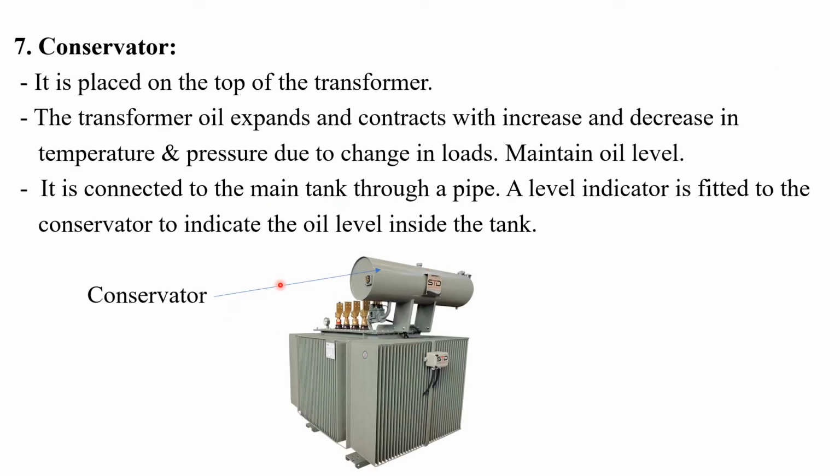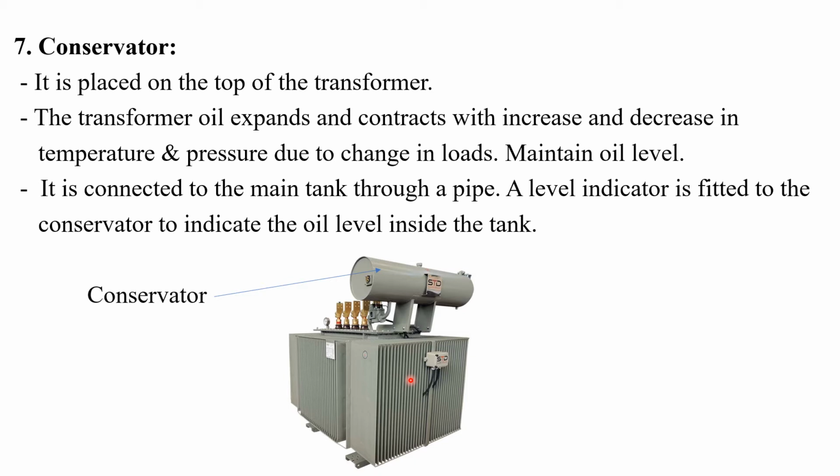Next important requirement or part, that is conservator. Conservator is nothing but the topmost region of the transformer. Okay, already you may notice this portion. So they are normally placed on the top region of the transformer. We know that when load changes, that may lead to the expansion of transformer oil in the main tank.